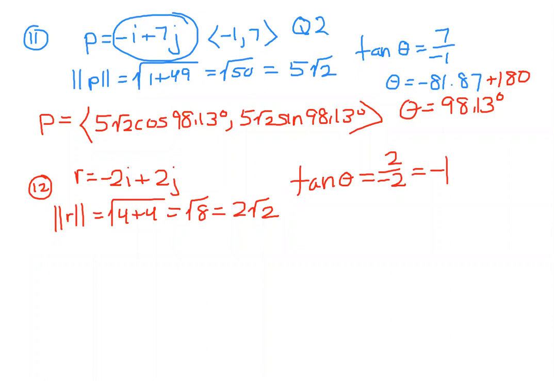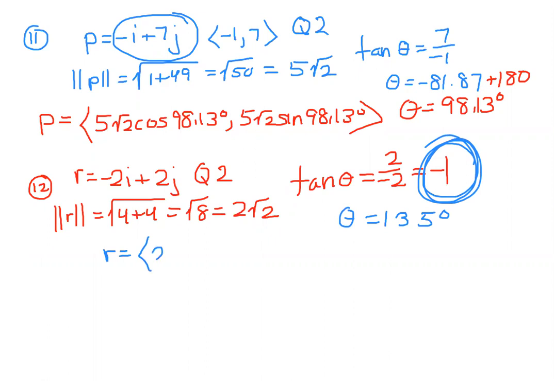This is in quadrant 2, so this should be a clue to you that this is an angle on your unit circle. If you look on your unit circle, theta equals 135. And r is 2 times the square root of 2 cosine 135, 2 times the square root of 2 sine of 135. Number 13.